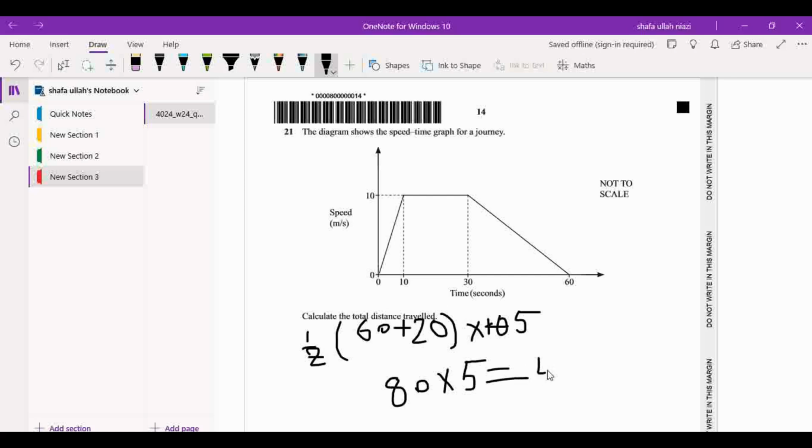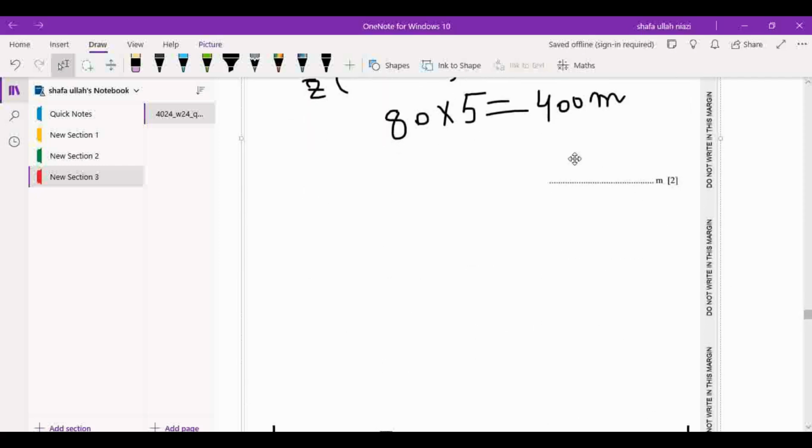So the answer should be equal to 400 meters.